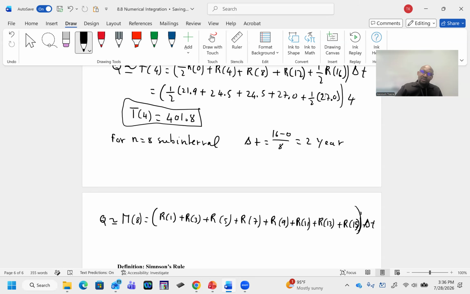So now you substitute everything, R1 plus R3 and so on, you will see your M of 8 will be equal to 399.8.